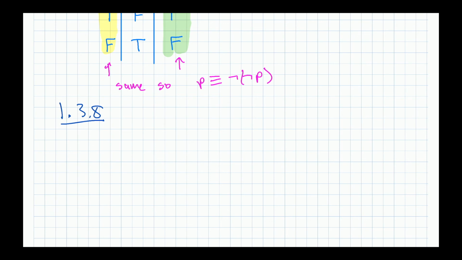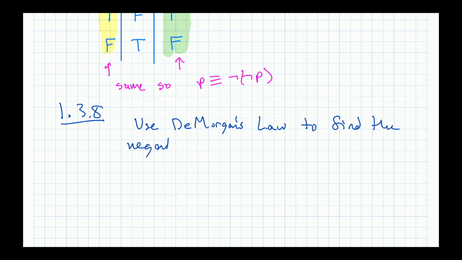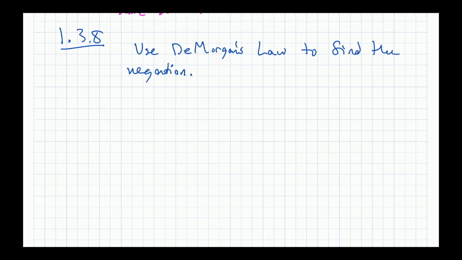So here's what it says. It says use De Morgan's law to find the negation. And this is the one where there's A, B, C, D.